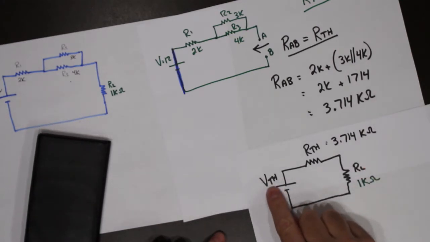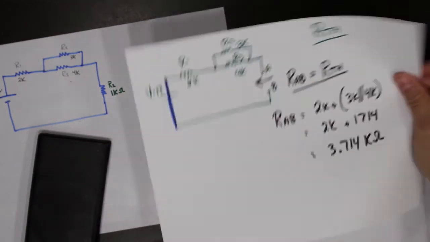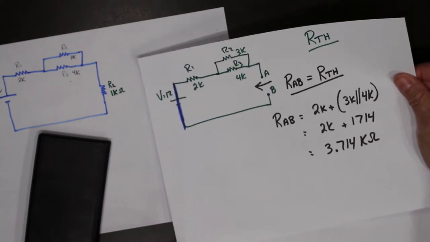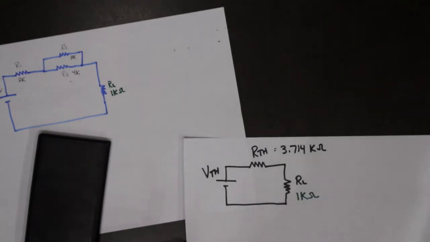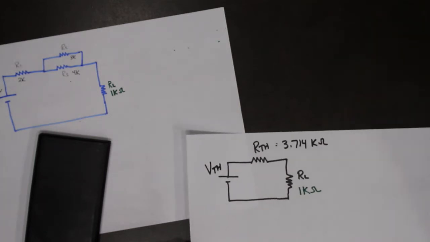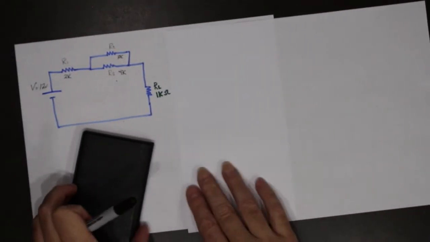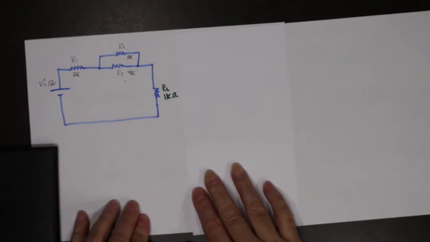So now we need to find V Thevenin. So here's the thing. This calculation for R Thevenin is of no use to us. We start right from the beginning. V Thevenin and R Thevenin, those calculations have nothing to do with each other.